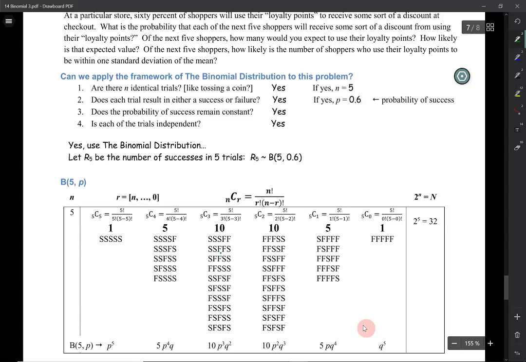Then we take q, which is 0.9, and raise it to the 0 power, because r is equal to 5, and 5 minus r is 0. When we raise 0.9 to the 0 power, we get 1. Now we take the coefficient and multiply by the probability, the intersection of all the successes and now the failures, and we get this. And that's actually equal to that.